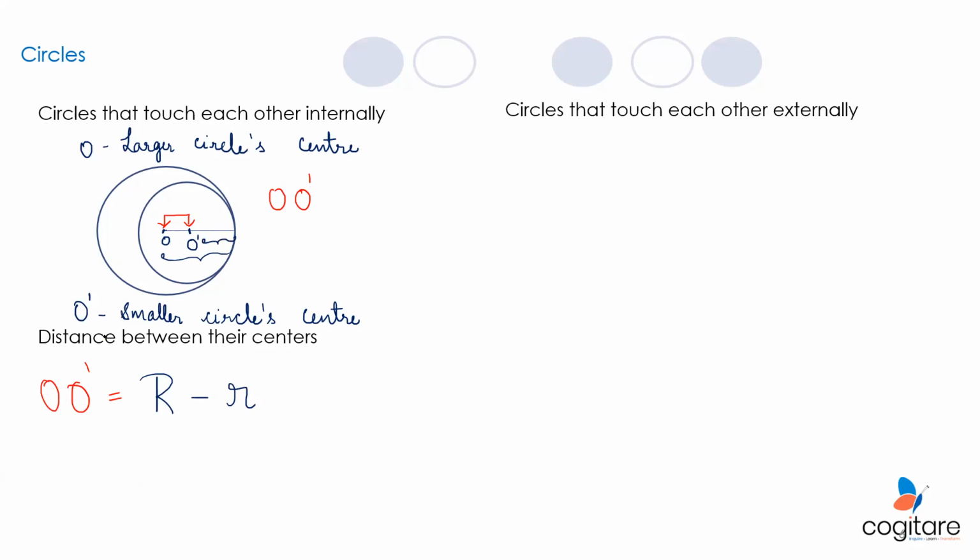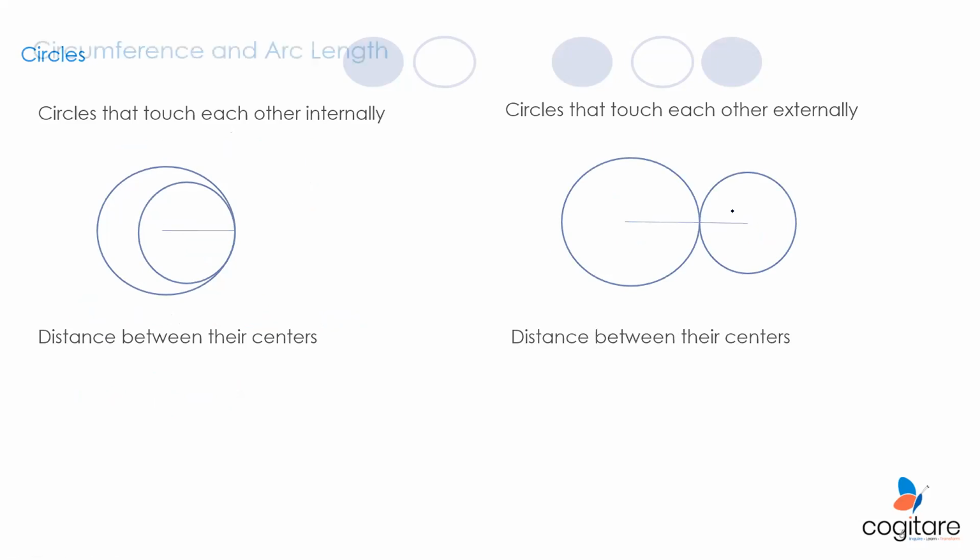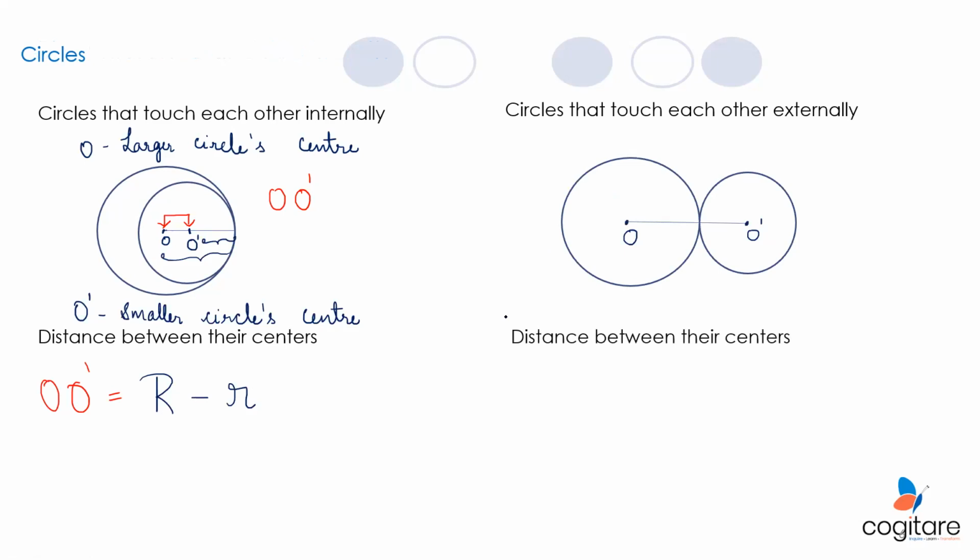Very easy. The same thing if we have to extend to circles that touch each other externally, how would that look? So we have O being the center of the larger circle, O dash is the center of the smaller circle. In this case, the distance between their centers, OO dash, is nothing but the radius of the larger circle plus the radius of the smaller circle.